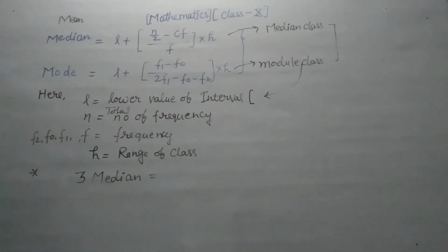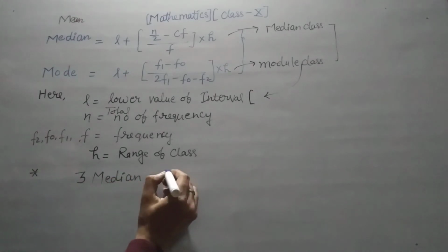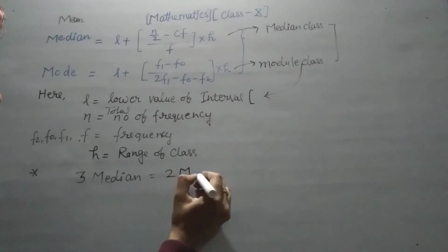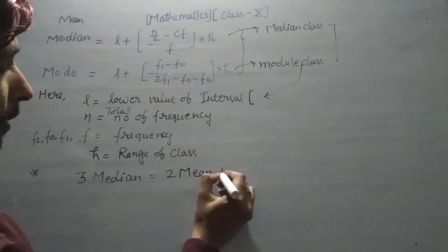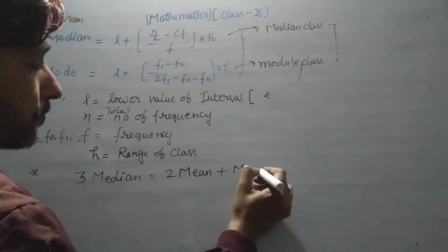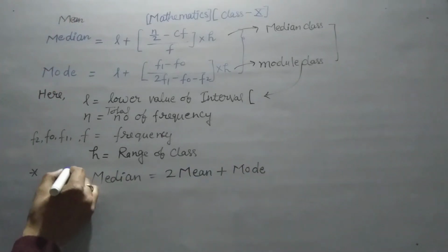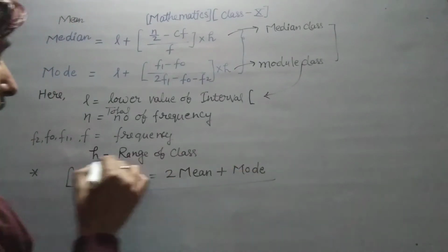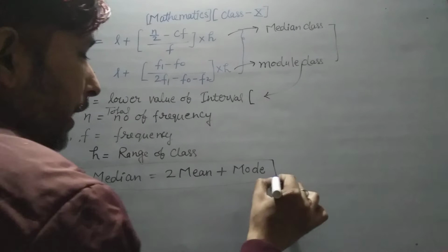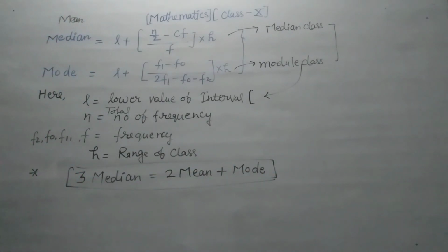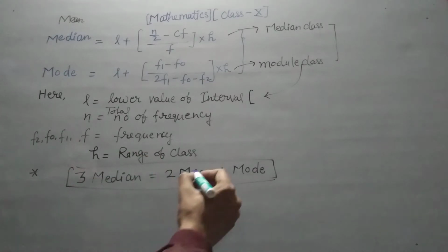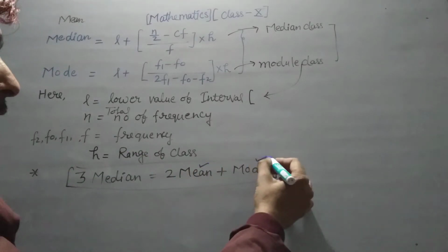So what is the relation? 3 median is equal to 2 mean plus mode. This is the relation between these. This formula is used when the mean and mode are given.